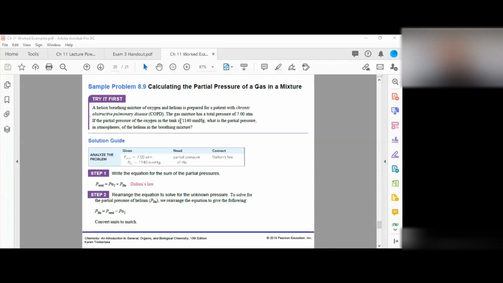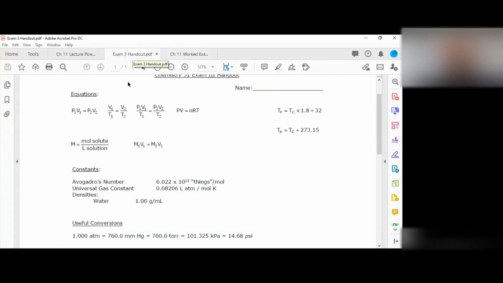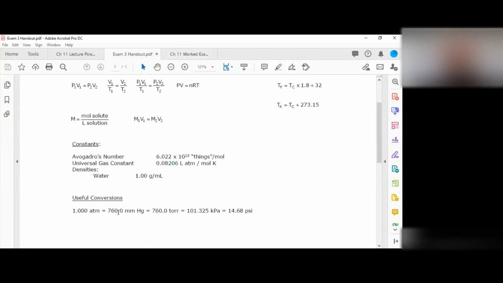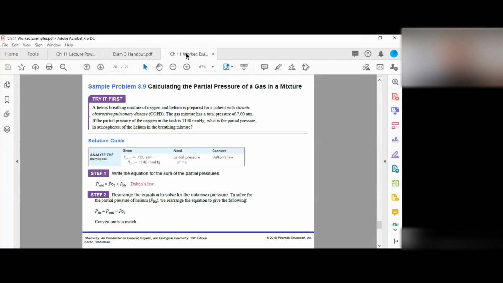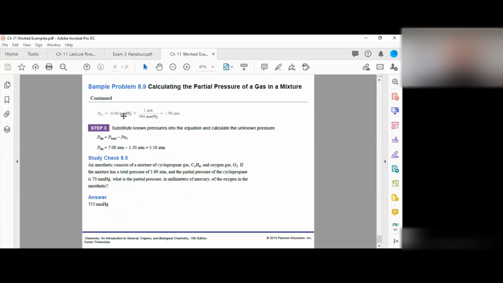So right away, I know already that I have a conversion factor in the exam handout that relates 1 atmosphere to millimeter mercury, which is right there. So 1 atmosphere equals 760 millimeter mercury. So that's the very first thing I need to do: get the millimeter mercury to atmosphere. So that will be 1.50 atmosphere. So 3 sig fig, keep it 3 sig fig.